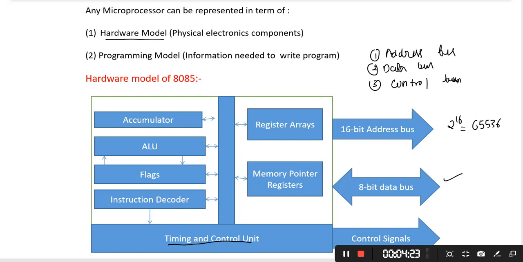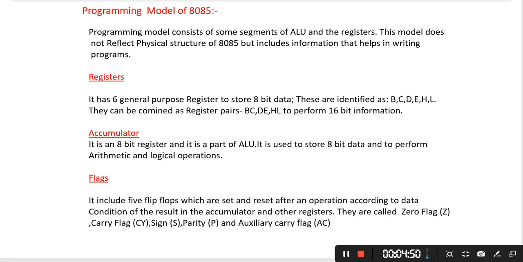But whether you want to read or write the corresponding device, the control bus generates the appropriate control signals that are either RD bar, meaning for reading, or WR bar, that is for writing in the corresponding device. So this is the hardware model. We will discuss each and every component in further detail.